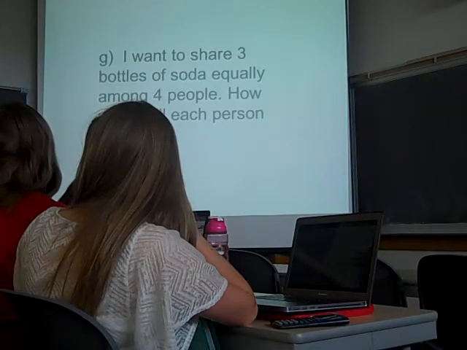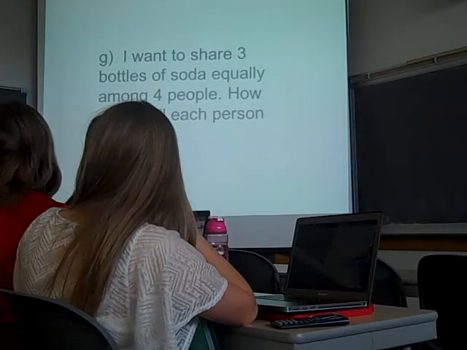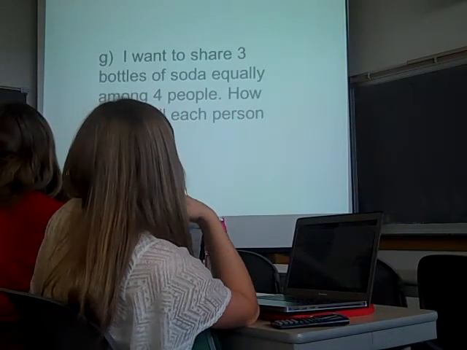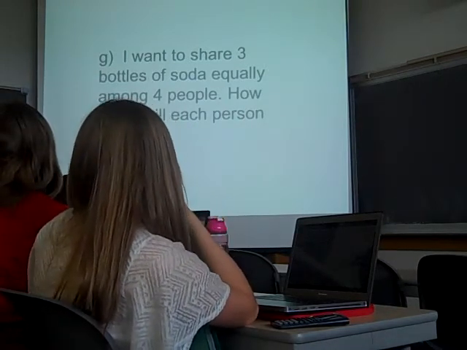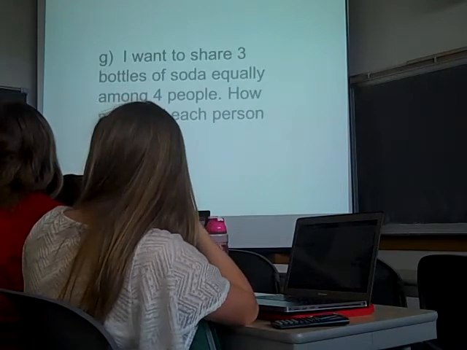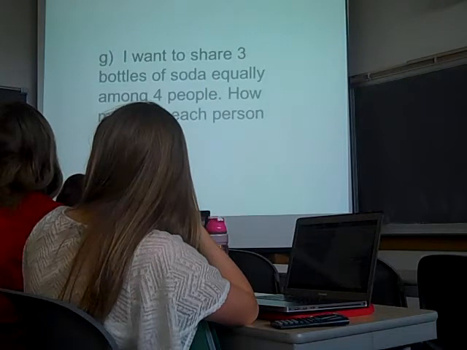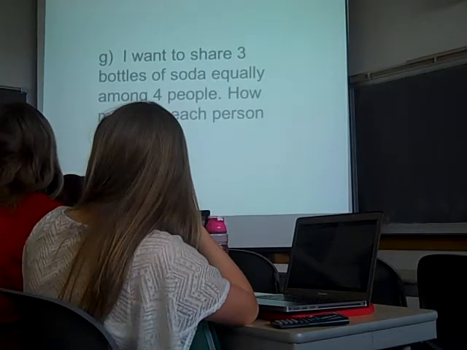So if we're doing 3/4, the first person would get 3/4 of 1 bottle. The second person would get this 3/4, and so this is one person, this is the second person, this is the third, right here, these 3 sections, and the last person would get the last 3.